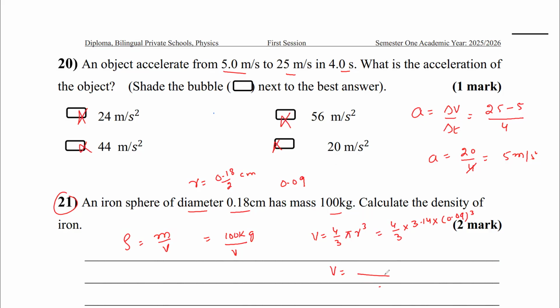By using a calculator you can easily find the value of volume. After finding the volume, you can put it in here and easily find the density of the object. So this is the method to find the density.